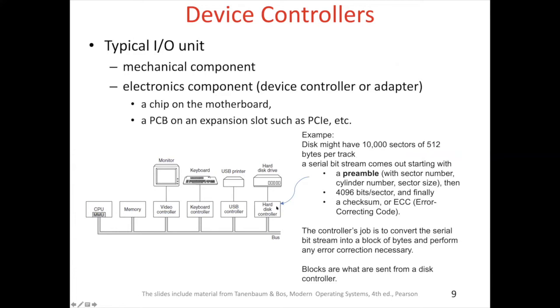A serial bit stream comes out starting with a preamble with sector number, cylinder number, and sector size, then 4K bits per sector, and finally a checksum or ECC, an error correcting code. The controller's job is to convert the serial bit stream into a block of bytes and perform any error correction necessary. Blocks are what are sent from a disk controller.